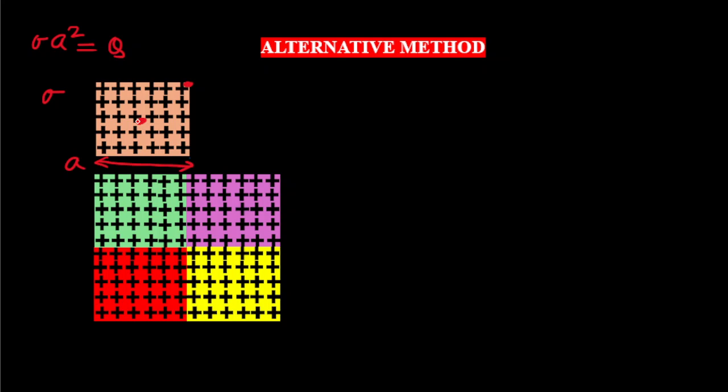Now if we calculate the potential at the center, according to dimension analysis, we can write the potential at the center V0 is equal to some constant K times the total charge on the body divided by the characteristic length of this body.